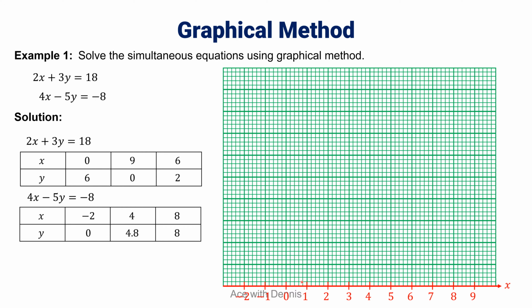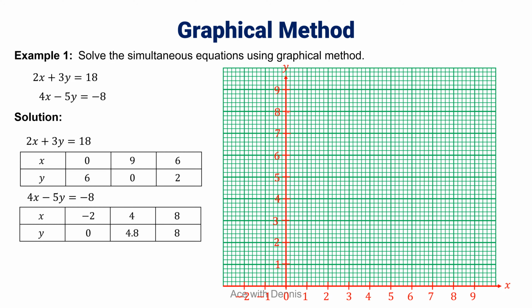I will choose a scale of 1 cm to 1 unit, starting with -2 all the way to 9. Similarly for the y-axis, the smallest value is 0 and the largest is 8, so I'll cover from 0 all the way to 8 or 9, with 1 cm to 1 unit.